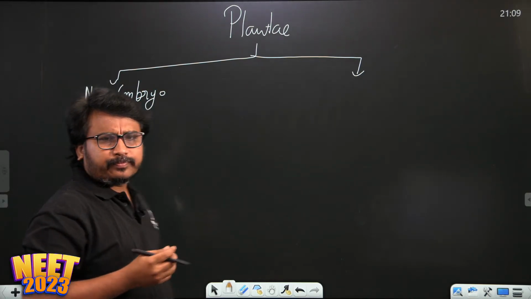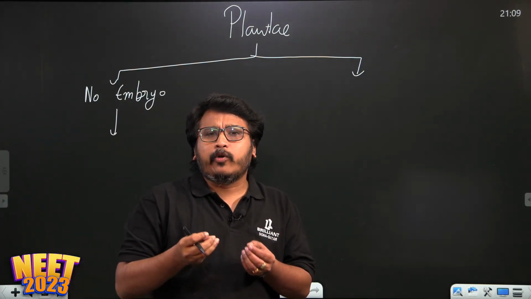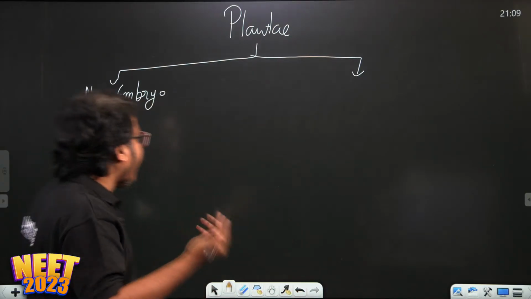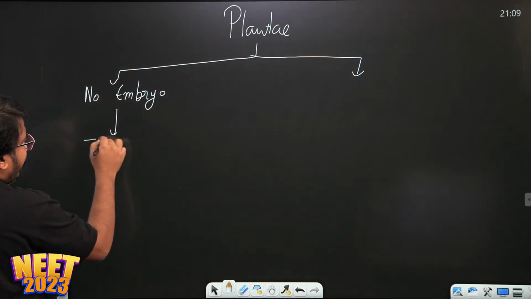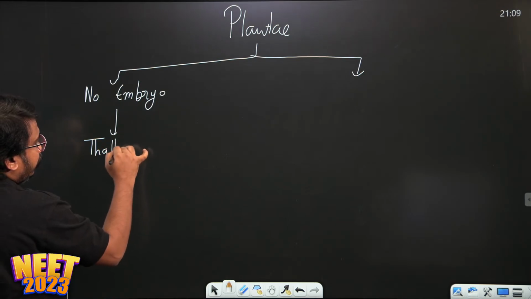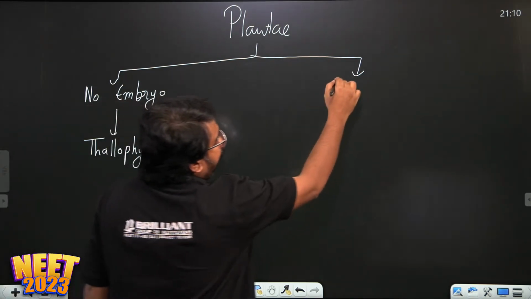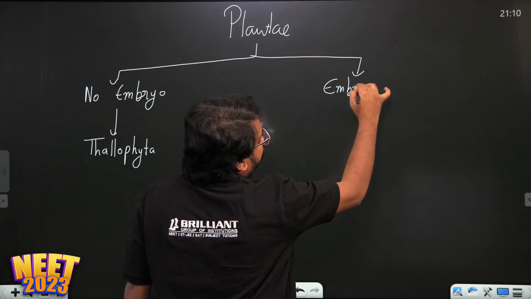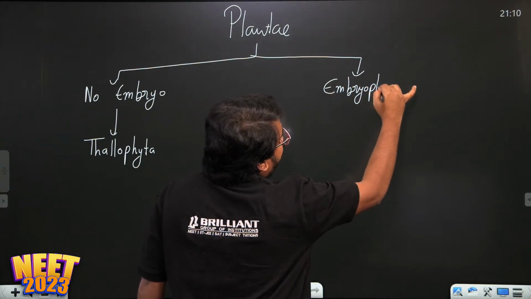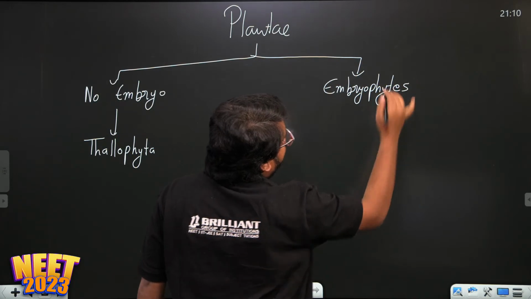That means after forming the zygote, if they are not producing the embryo, we will be keeping these plants under Thallophyta, and if they are producing the embryo, we can keep it under Embryophytes.